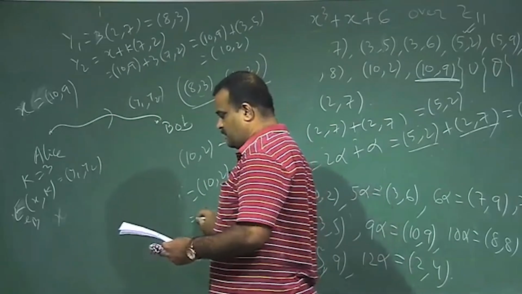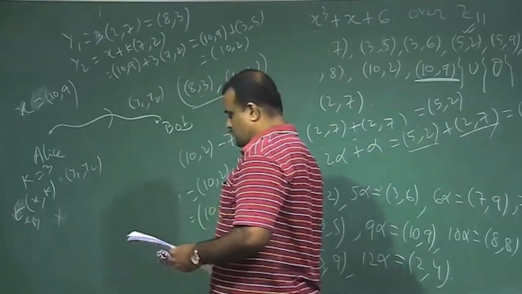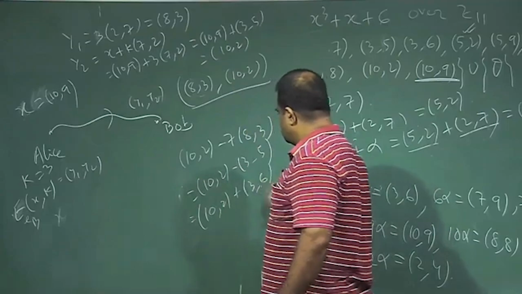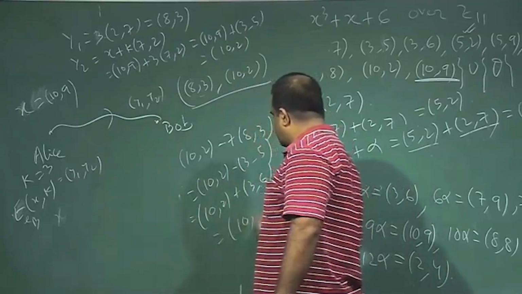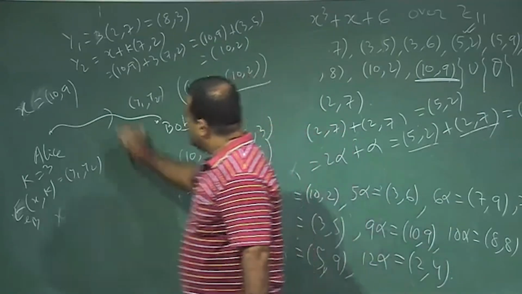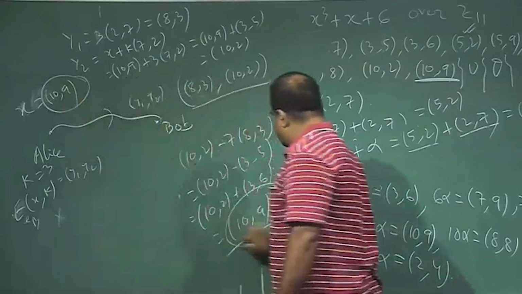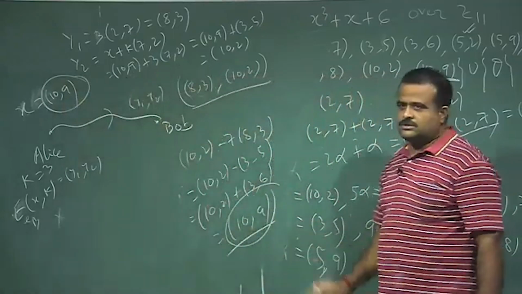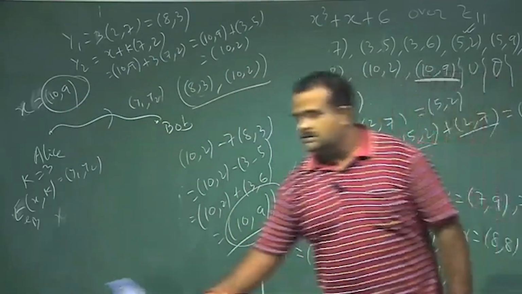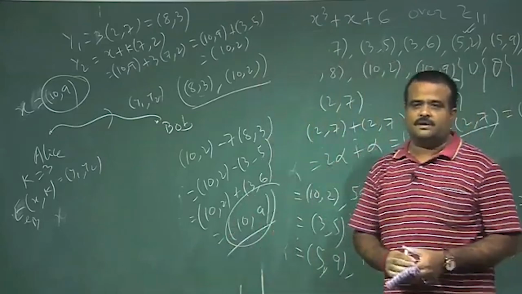Minus (3, 5) is basically plus (3, 6). So this is basically (10, 9), which is the message sent by Alice. So this is the ElGamal version over the elliptic curve points.